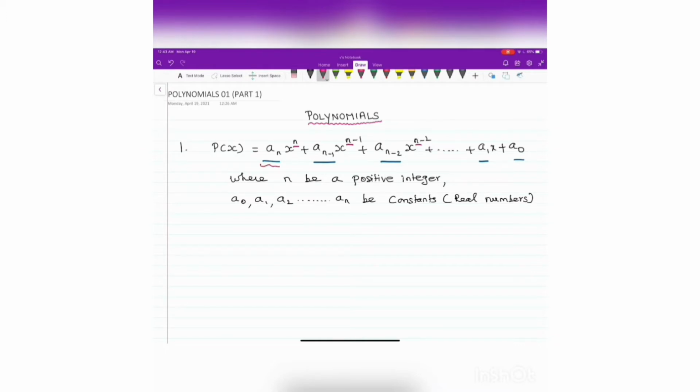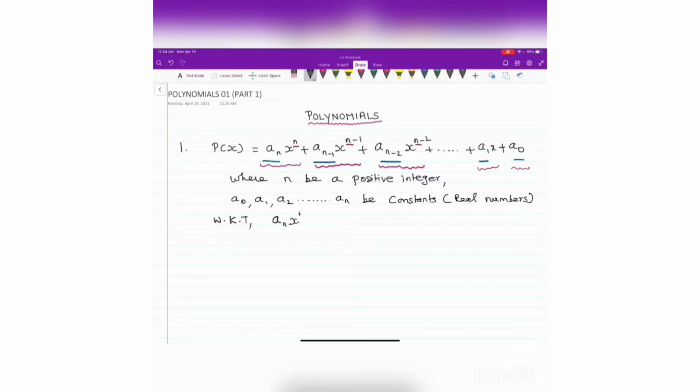Then you know that this an x power n, an minus 1 x to the power n minus 1, an minus 2 x to the power n minus 2, etc., a1x, a naught, they are all called the terms of the polynomial. Let me make a note of it. We know that, because already you learnt all those things.